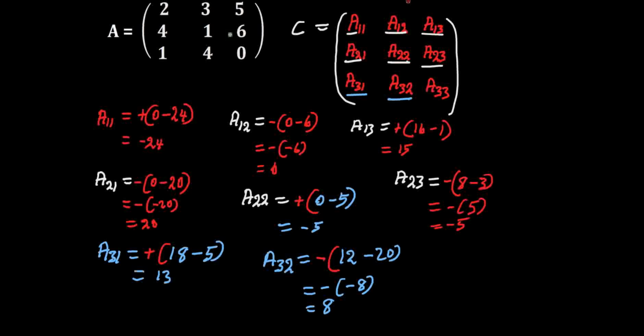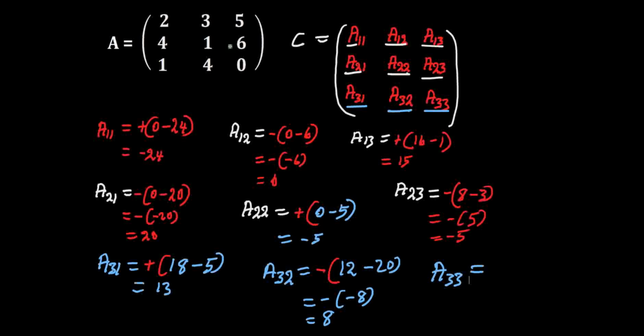So next is this. A third element, third row, element 3. So this will be equals to, remember, positive, negative, positive, negative, positive, negative, positive, negative, positive. So this is positive, parenthesis.